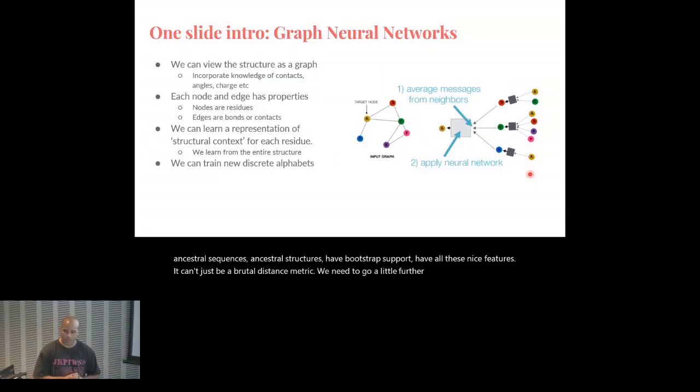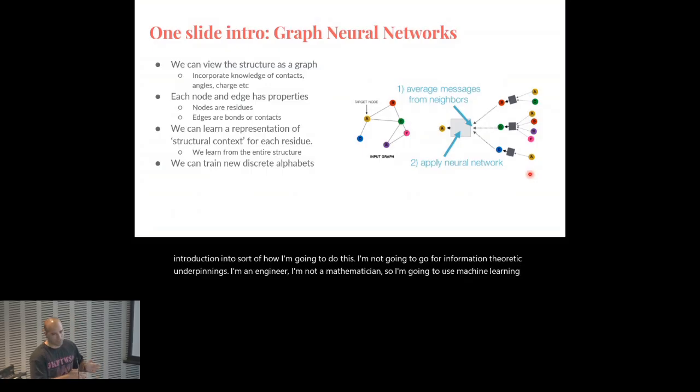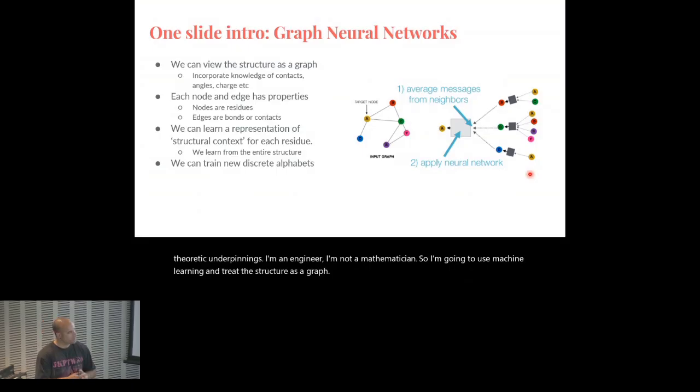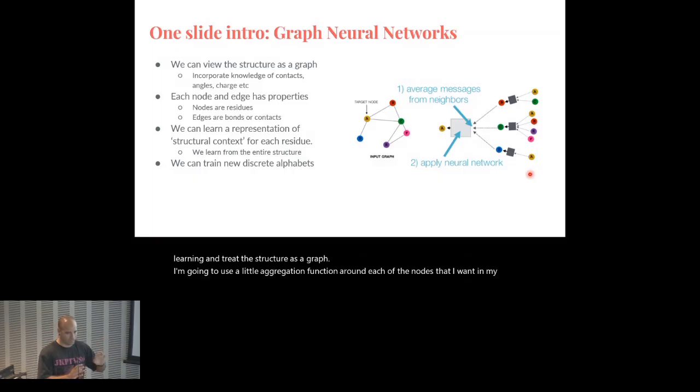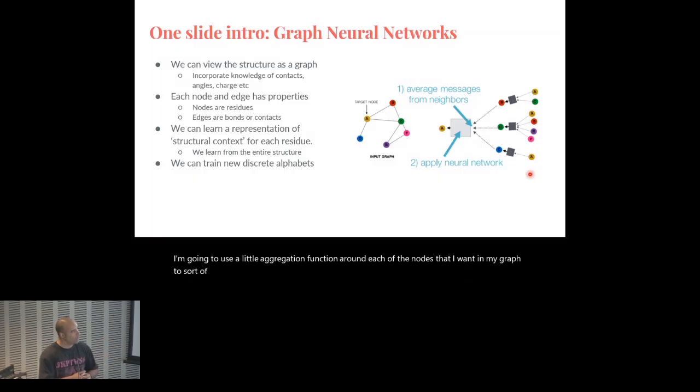So here's my one-slide introduction into how I'm going to do this. I'm not going to go for information theoretic underpinnings. I'm an engineer, I'm not a mathematician. So I'm going to use machine learning and treat the structure as a graph. I'm going to use a little aggregation function around each of the nodes that I want in my graph to create an embedding for.